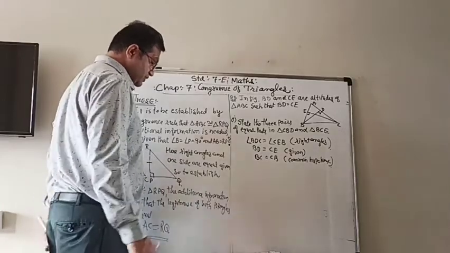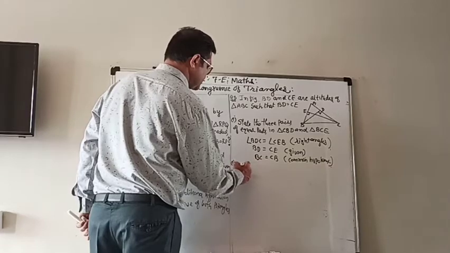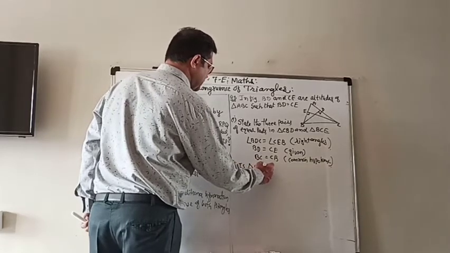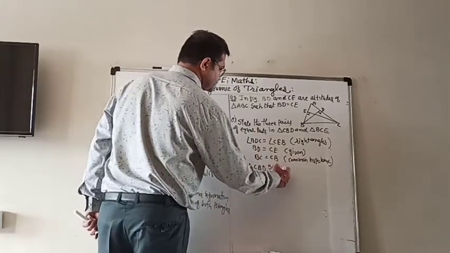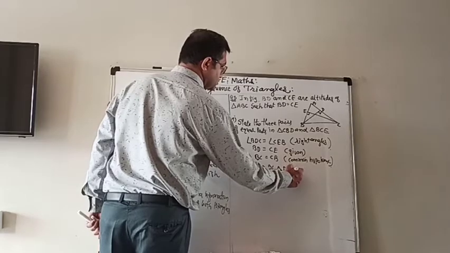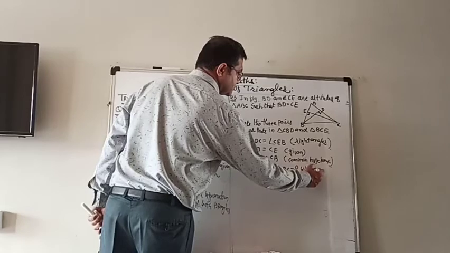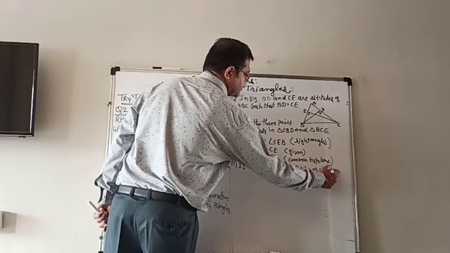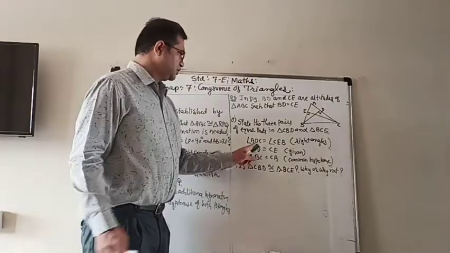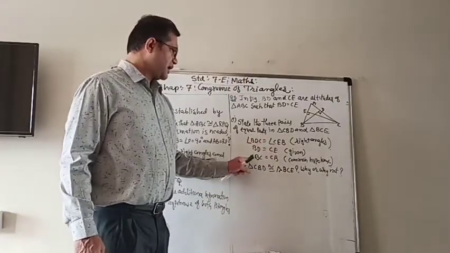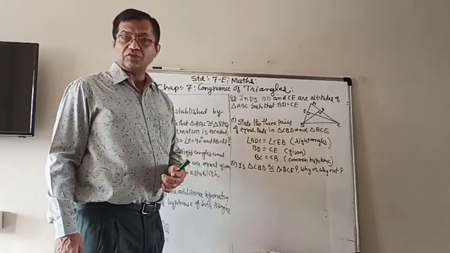So now, second question: is triangle CBD congruent to BCE? Why or why not? You can see that here two right angles are there, hypotenuses are also equal, and one corresponding side is also equal.